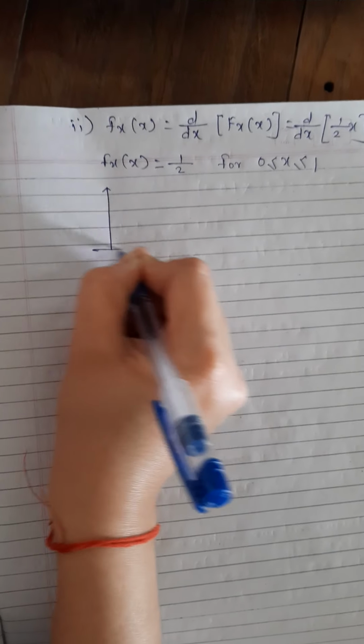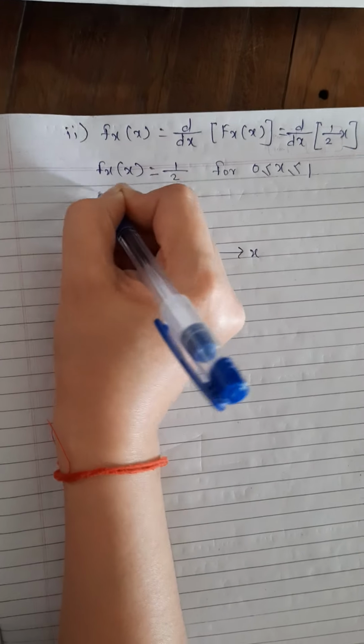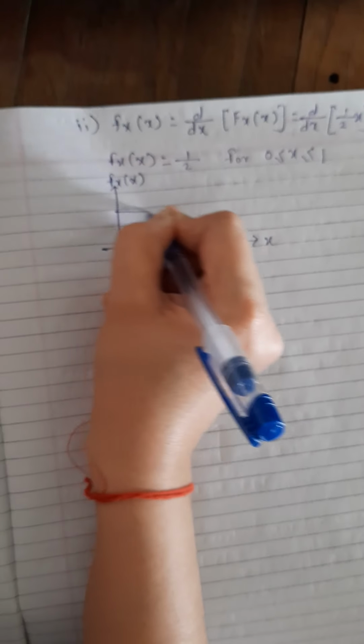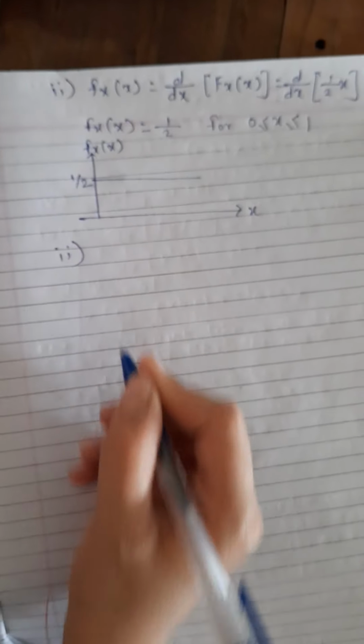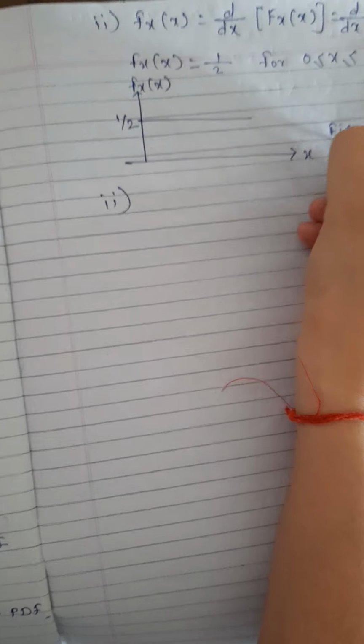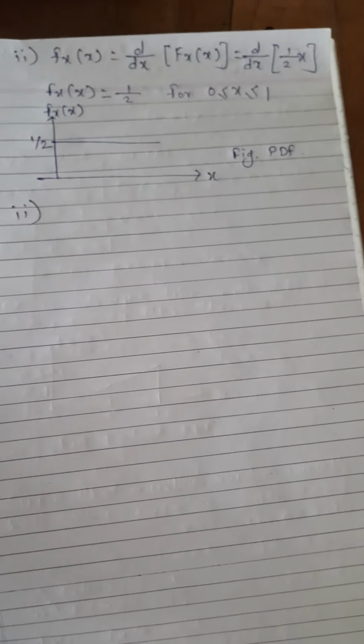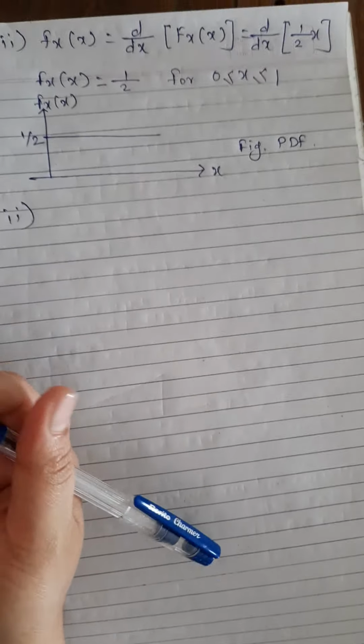Now here fx of x is half, and this is the PDF. We write here, this figure shows the PDF. And next we have to find the probability.